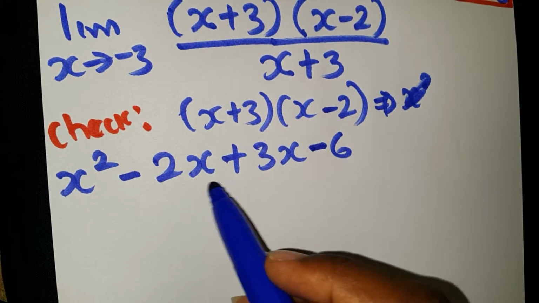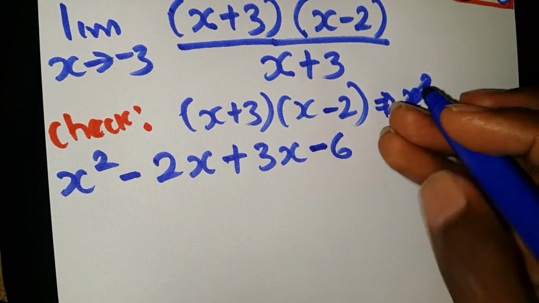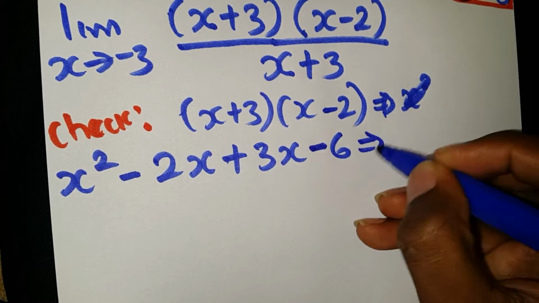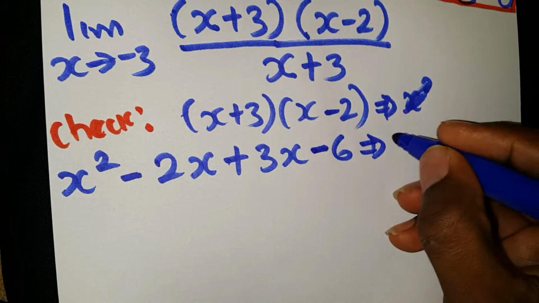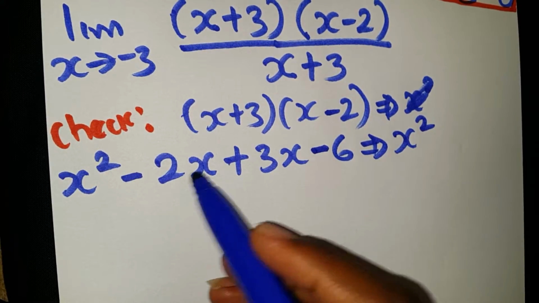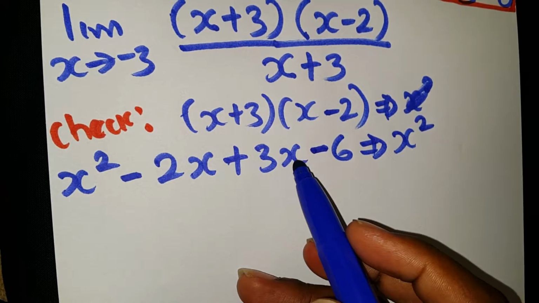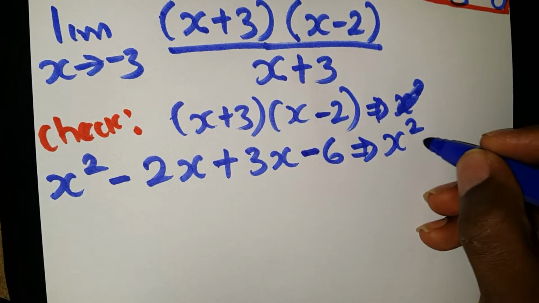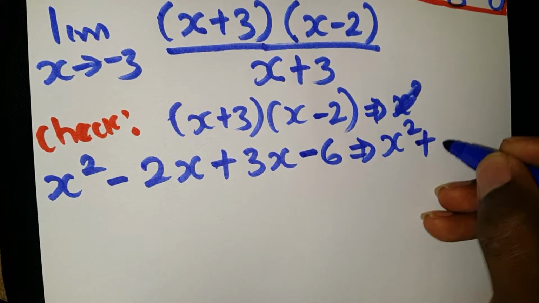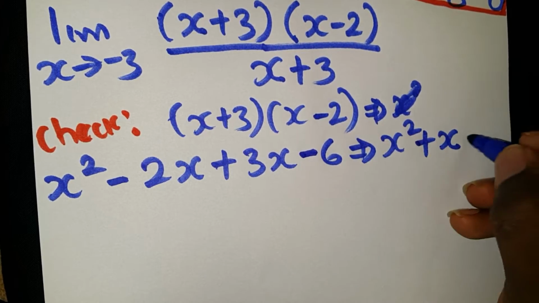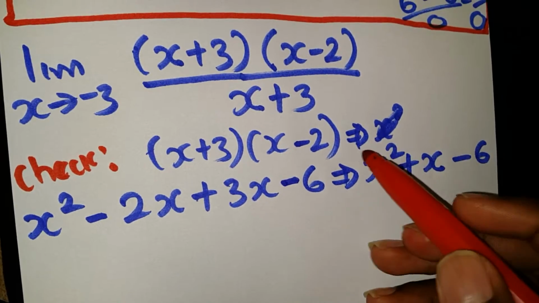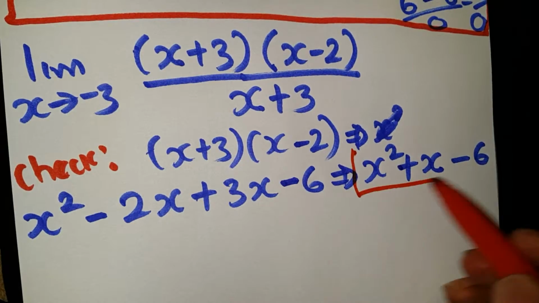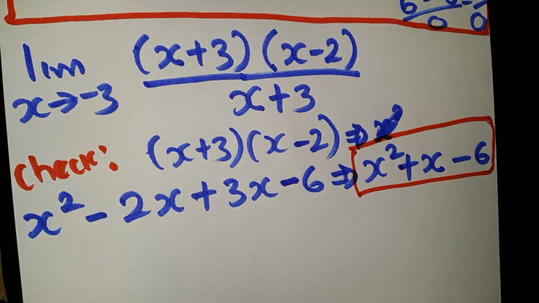We have x squared minus 2x plus 3x minus 6. This will now be x squared, minus 2x plus 3x will be plus x, then minus 6. As you can see, we still obtain the same answer here.